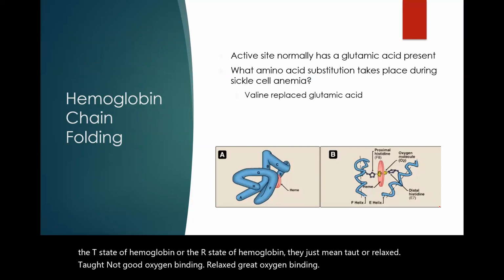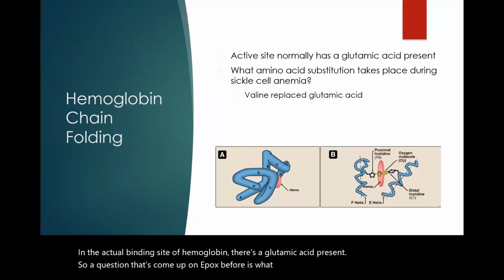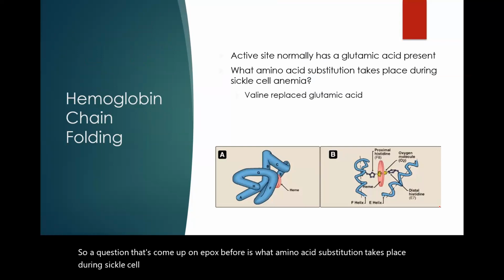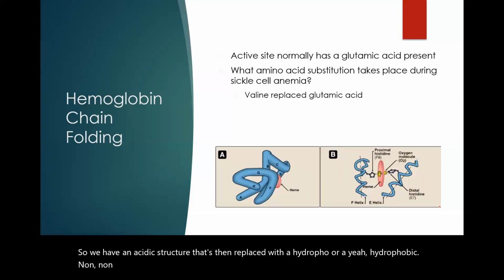In the actual binding site of hemoglobin, there's a glutamic acid present. So a question that's come up on NPLEX before is what amino acid substitution takes place during sickle cell anemia? And the answer is valine replaces glutamic acid. So we have an acidic structure that's then replaced with a hydrophobic non-polar structure, valine.